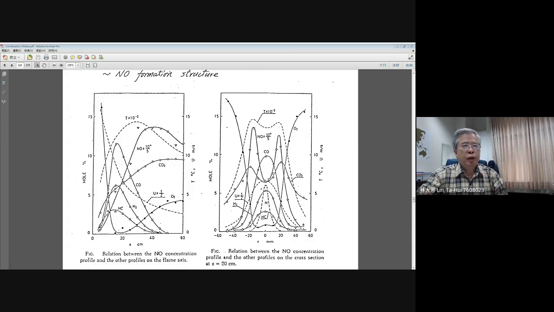Now go to the concentration distribution along the cross section of the spray jet. Then you can see here there is NOx. You can see two peaks occur. Okay, on the left hand side there is a peak for NOx formation, and on the right hand side there is another peak. And this two-peak behavior is exactly the same as the two peaks of the temperature profile.